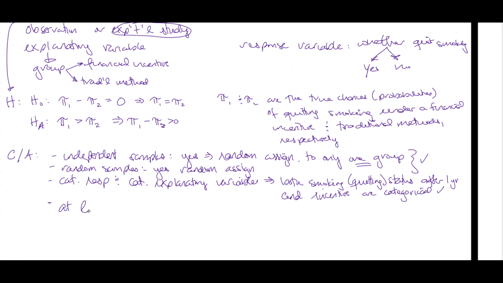So we need at least 10 successes and 10 failures in the financial and traditional methods groups.